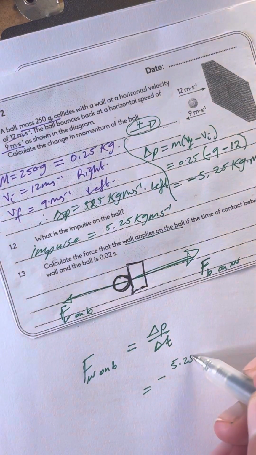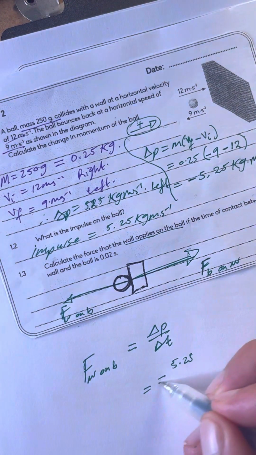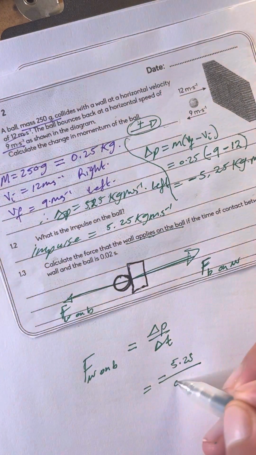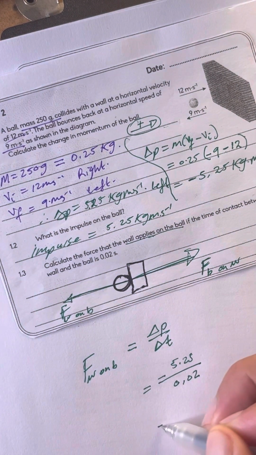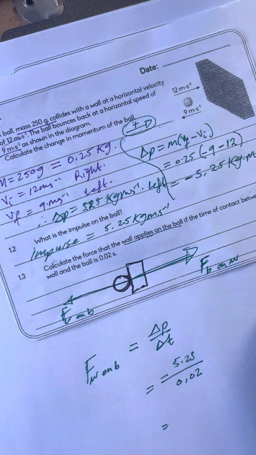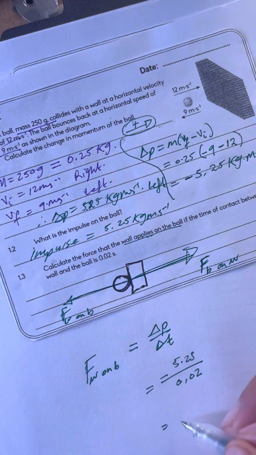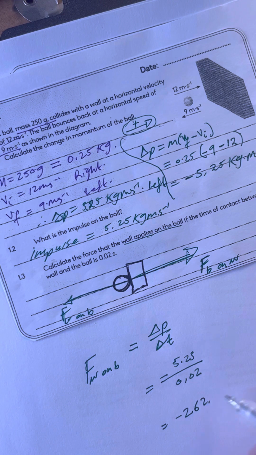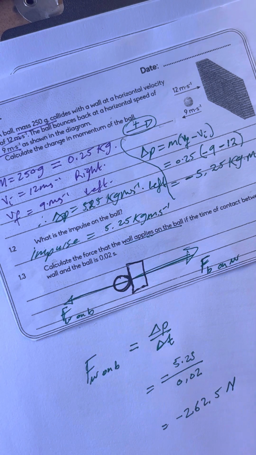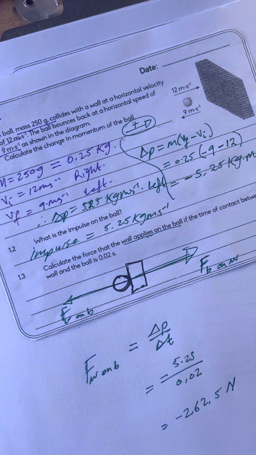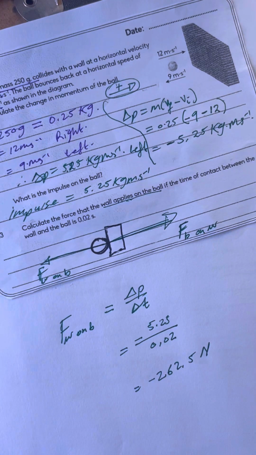Negative 5.25 divided by 0.02, and you get negative 262.5 newtons.